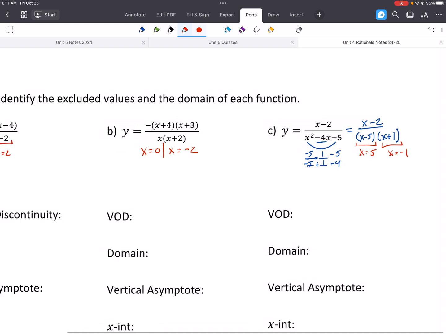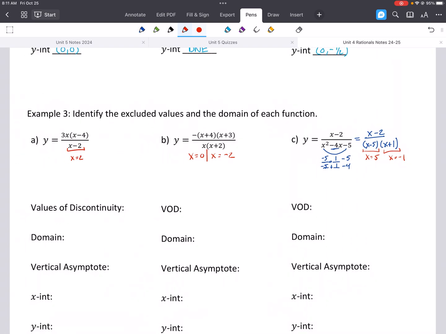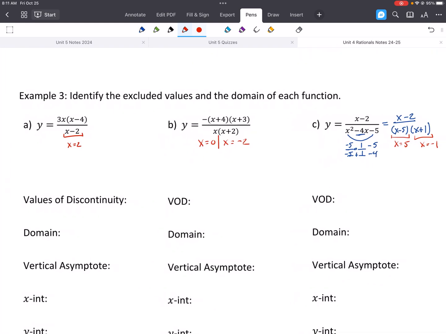Okay, so we could write those all down. Again, the values of discontinuity are the same, so x can't be 2. Here x cannot be 0 or -2, and here x cannot be 5 or -1. The domain, again, is -infinity to 2, and then 2 to infinity.